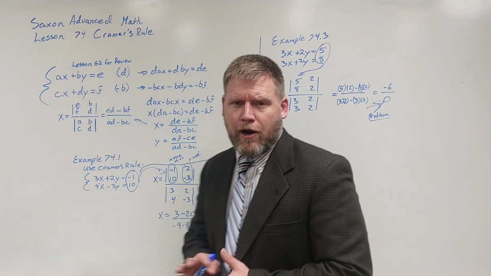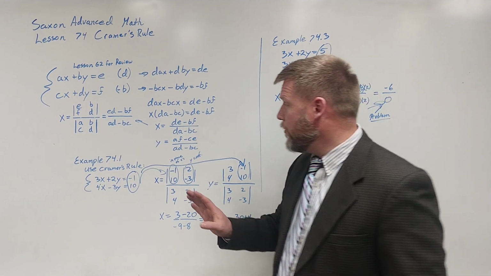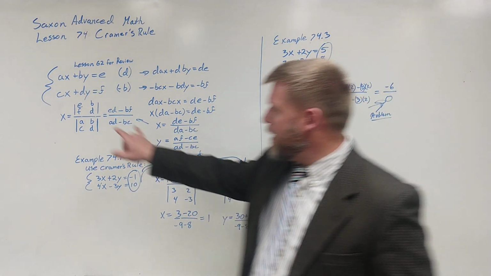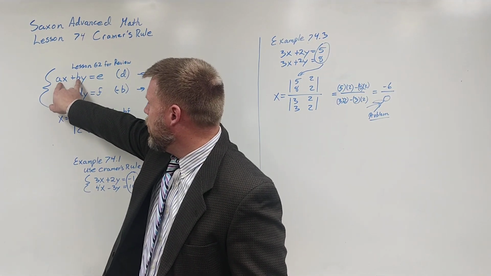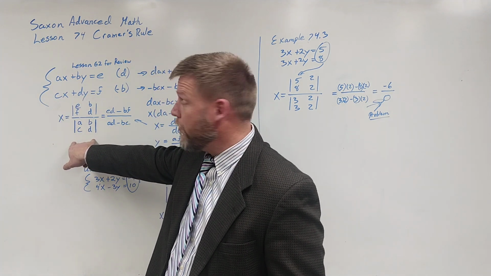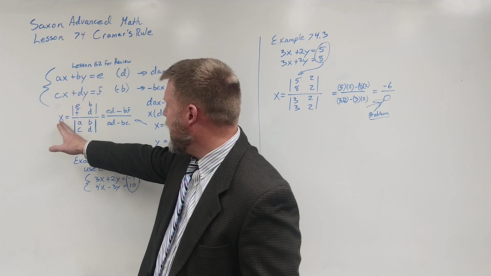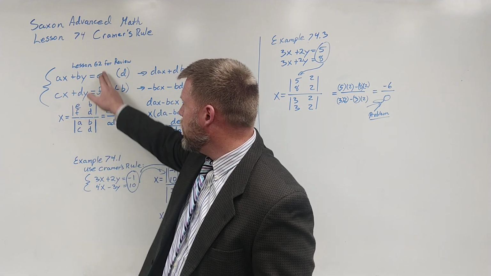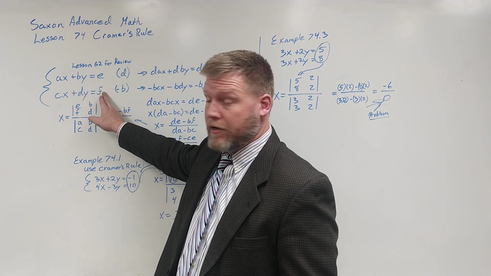So this is Cramer's rule. Just to recap for you, when you're doing Cramer's rule, you're taking the coefficients and plugging them in the denominator in exactly the order they're in. When I'm solving for x, I use the constant numbers.